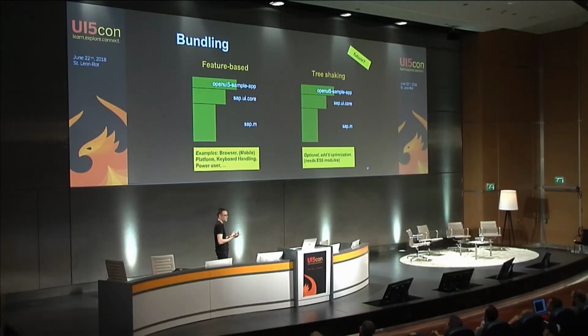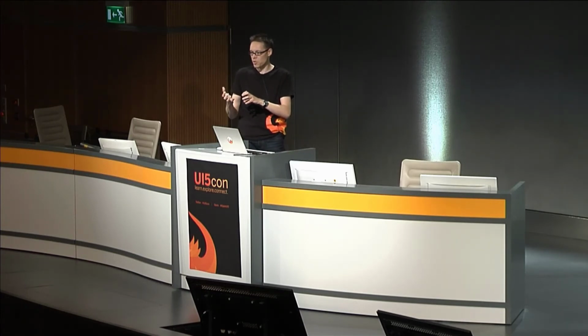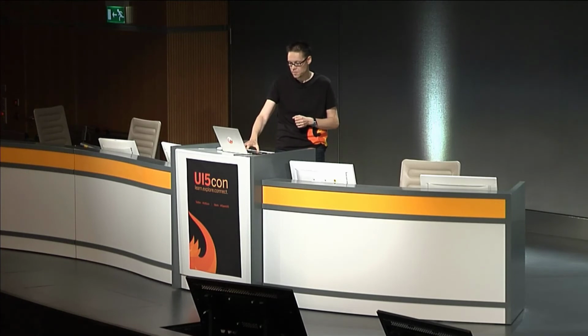But the takeaway is that with a good declaration of modules and using ES6 modules, tools are able to put only that code into your deployed application that's actually needed by your application in a much more fine granular way than the modules would provide, right? So you even get below the module granularity. But that's just an outlook.